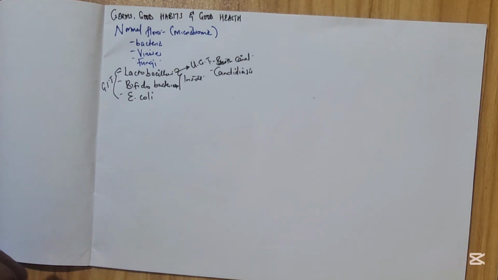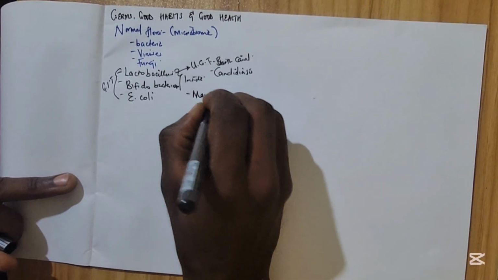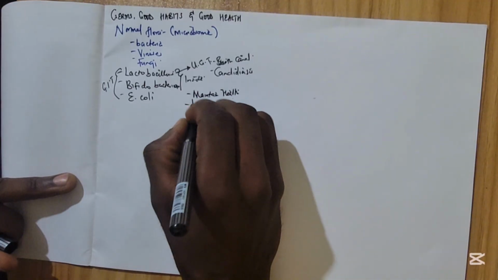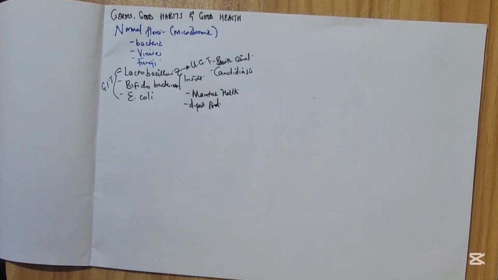So in the gut, these normal flora maintain our health. They digest our food, especially the oligosaccharides in different plants. These are broken down by these species to give us short chain fatty acids that are essential for the functioning of our body, essential for the brain, essential for the immunity.